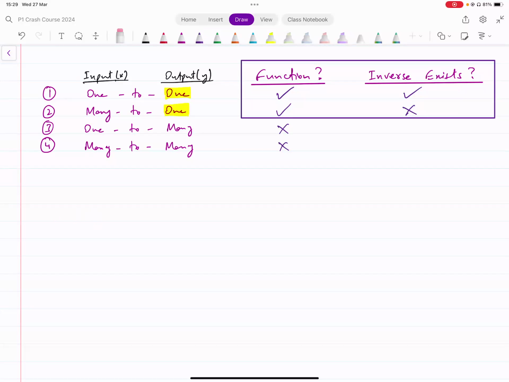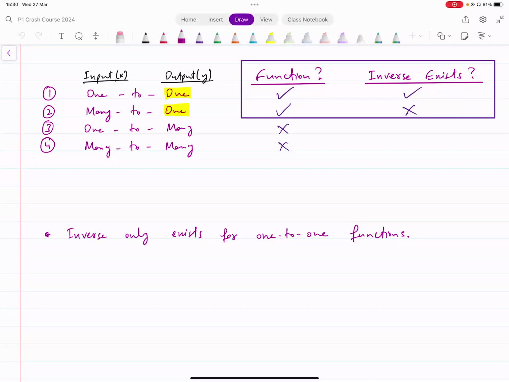Inverse only exists for one-to-one functions. All right, inverse only exists for one-to-one functions. Now that's what we need to understand about relations.